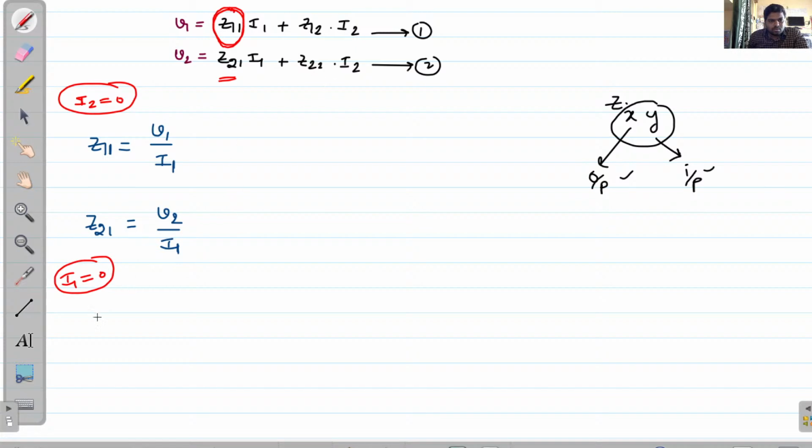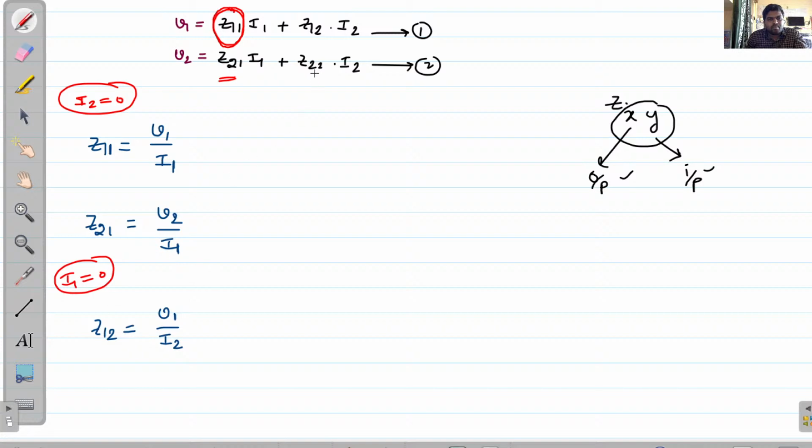So now, z12 equals, so V1 equals z12 into I2, right? So from this, z12 equals V1 by I2.